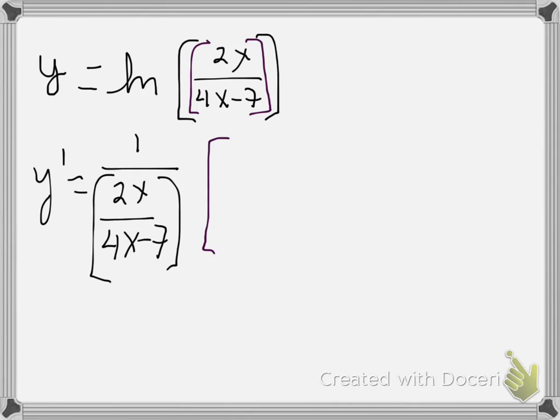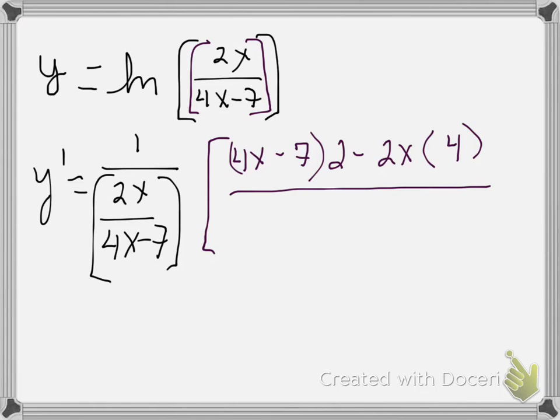Well, that's a quotient, so we've got to use quotient rule, which is ho D hi, the derivative of 2x is 2, minus hi D ho, the derivative of 4x minus 7 is 4, all over 4x minus 7 squared over ho ho.